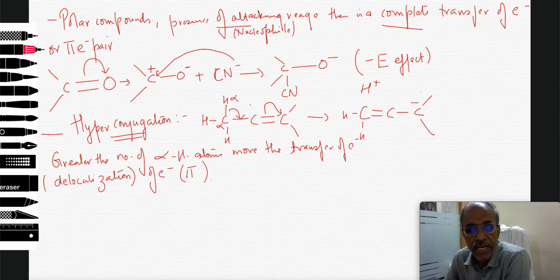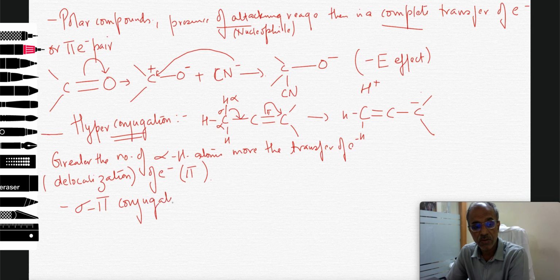That means, can I say this is a sigma bond and this is a pi bond? That means I can also say it is sigma pi conjugation. It is also known as sigma pi conjugation. And also it is known as no bond resonance.